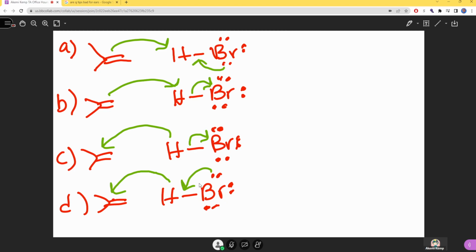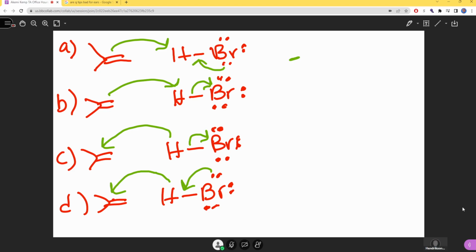Now, we have all these different arrow notations. In the first step of an addition reaction, what happens? The pi bond will take the hydrogen and at the same time the bond that got broken goes to the bromine.